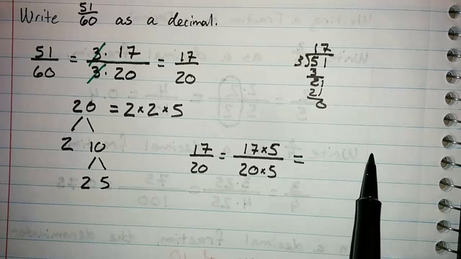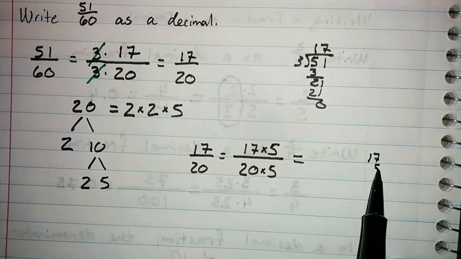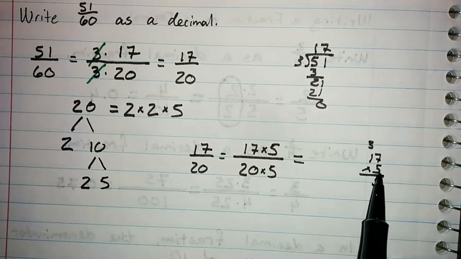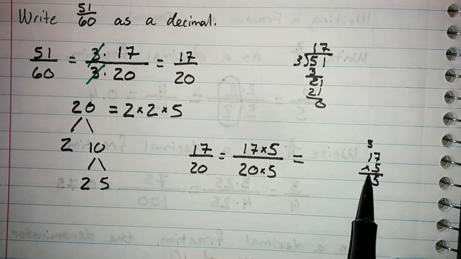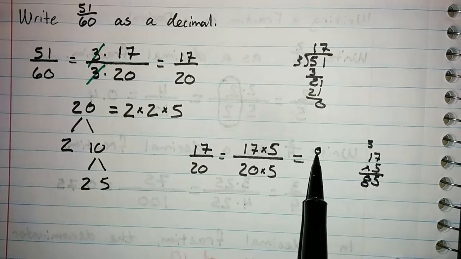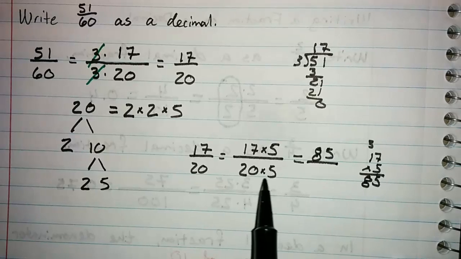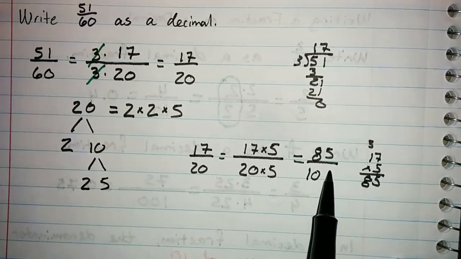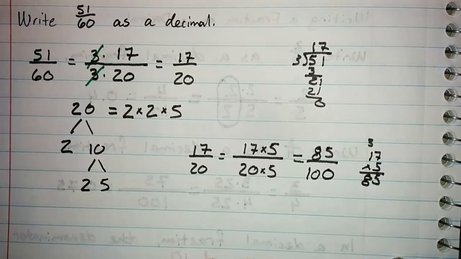So we'll multiply 17 times 5, 35, 5, 6, 7, 8, 85. 20 times 5, well, that's 2 times 5, followed by a 0. Indeed, we have a decimal fraction.